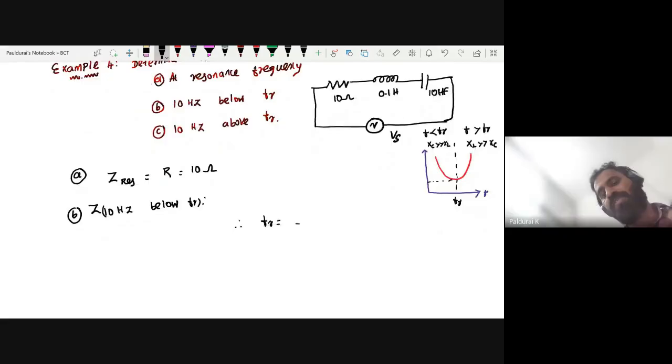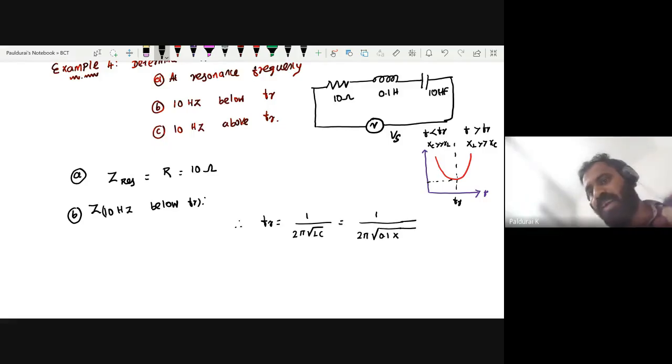What is resonance frequency FR? 1 divided by 2 pi square root of LC, where L is 0.1 and C is 10 micro. What is this answer? Can you help me?